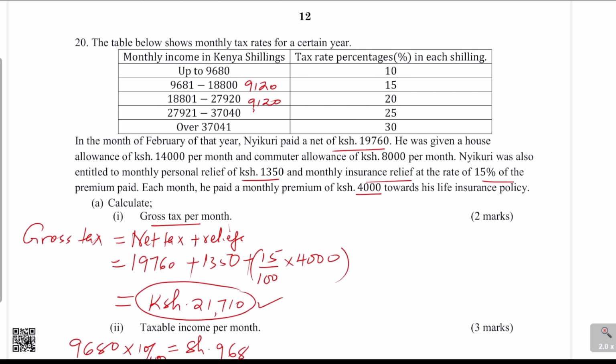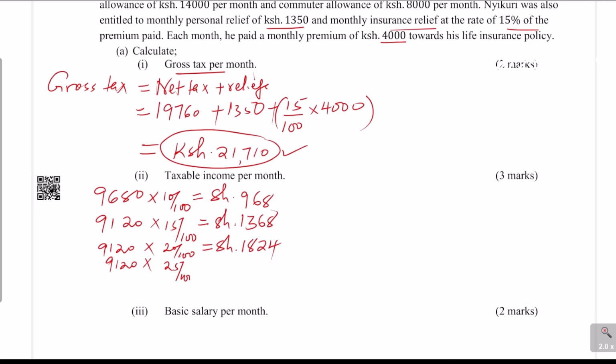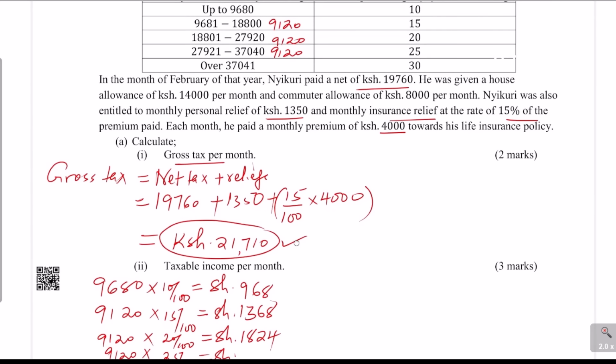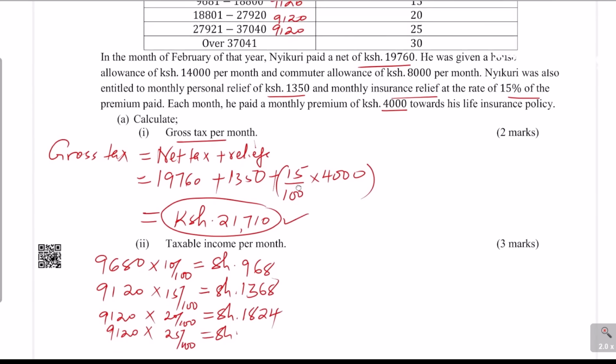So the next band, the same amount, 9120. So 9120 times the rate there, which is 25%. Multiply, we get 2280.